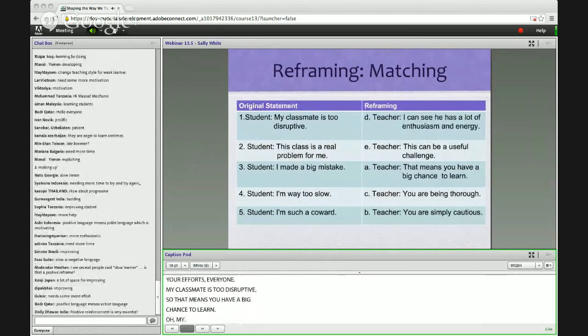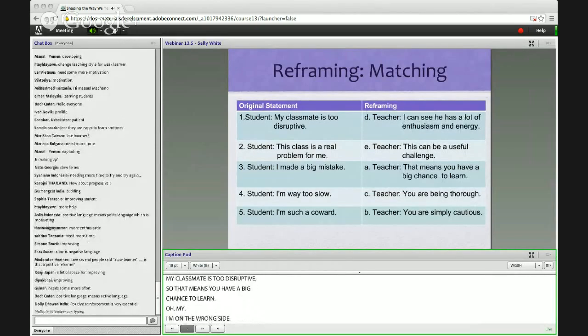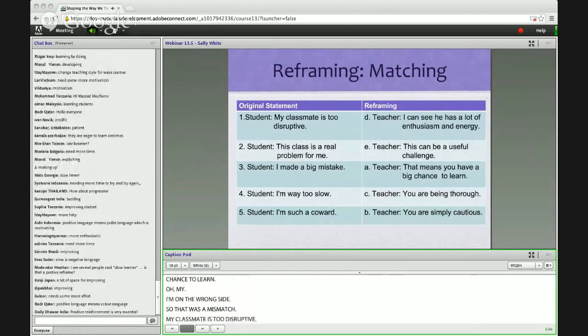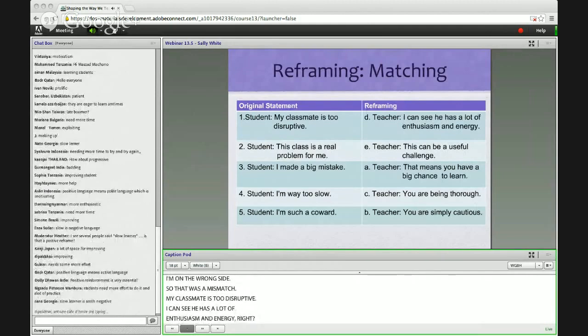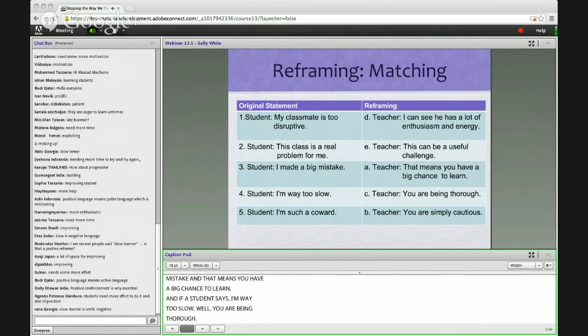So that was a mismatch. My classmate is too disruptive. I can see he has a lot of enthusiasm and energy, right? Number 2, this class is a real problem for me because this can be a useful challenge. Number 3, I made a big mistake, and that means you have a big chance to learn. And if a student says, I'm way too slow, well, you are being thorough. I'm such a coward. You are simply cautious, which is not a bad thing at all.